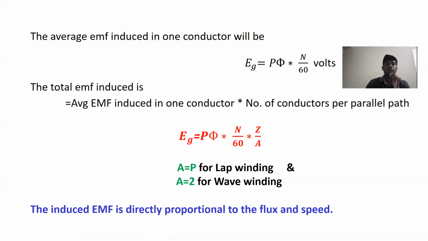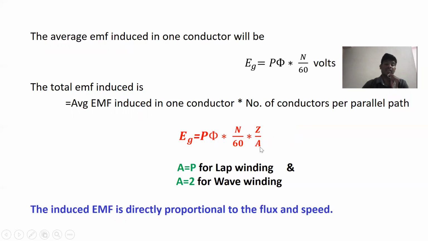This average EMF is multiplied by the total number of conductors Z and divided by the number of parallel paths A. So the total induced EMF is written as E G equals phi P N by 60 into Z by A. Here the red color indicates the total EMF equation of a DC generator.